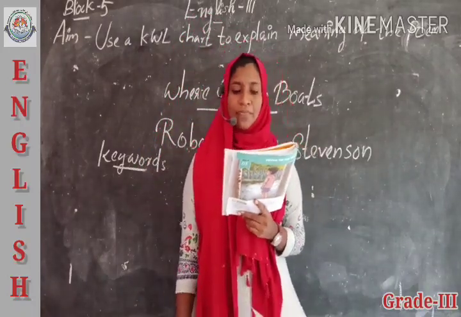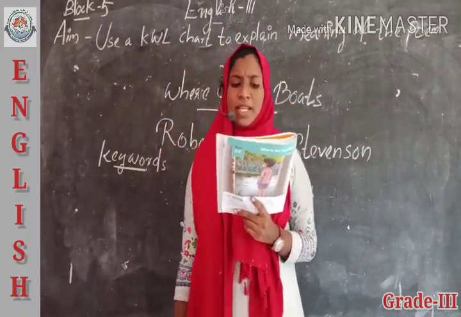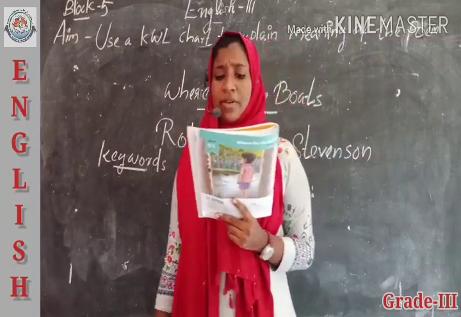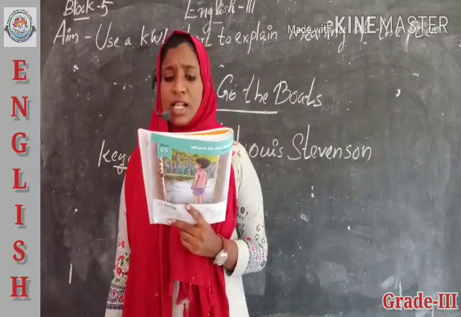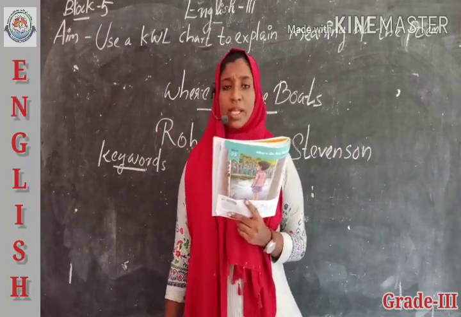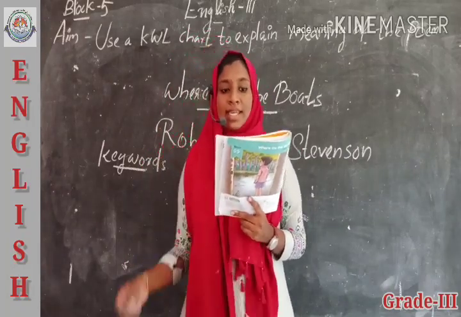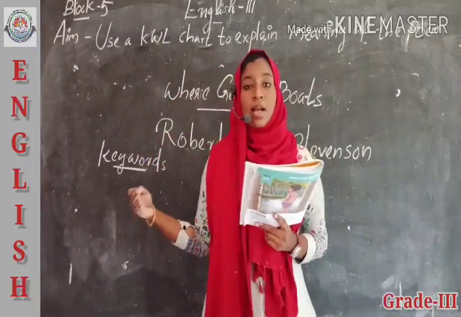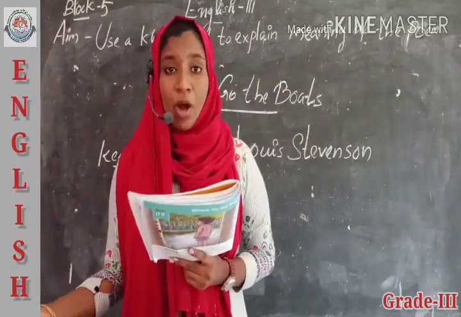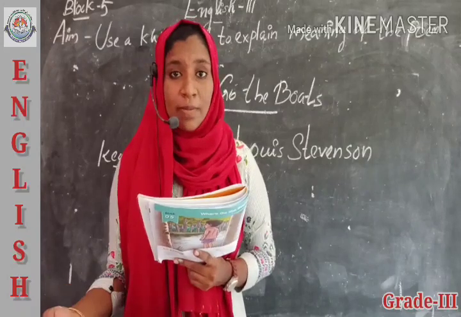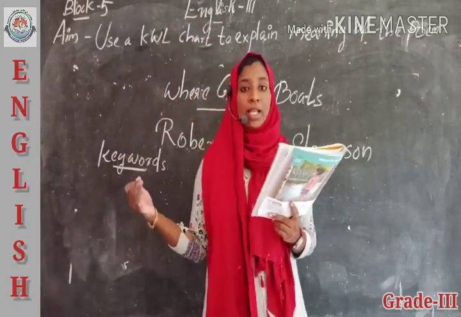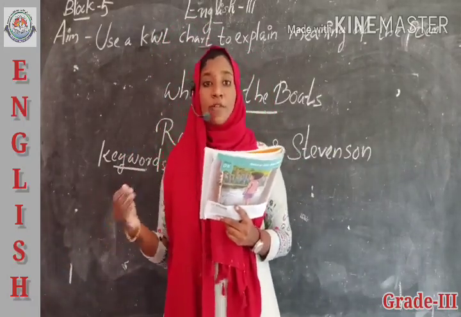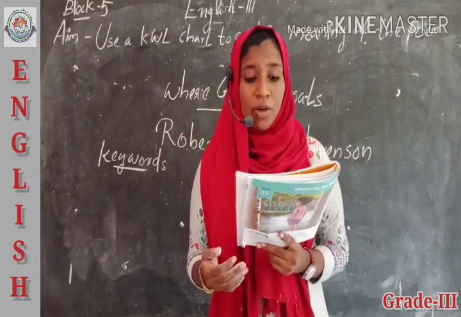Is it clear? So, the first paragraph, dark brown is the river, golden is the sand. It flows along forever with trees on either hand. Yes, here we can see the poet says that the color of the river is dark brown. Why is it dark brown? Yes, we know that normally in the rainy season the color of the river is dark brown.